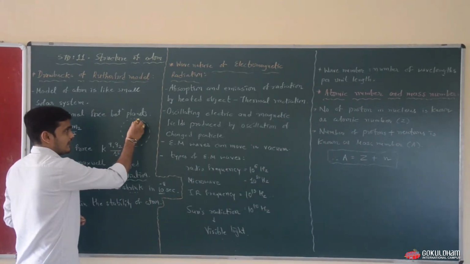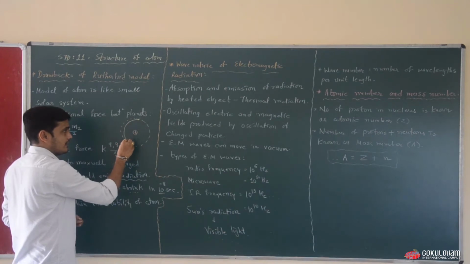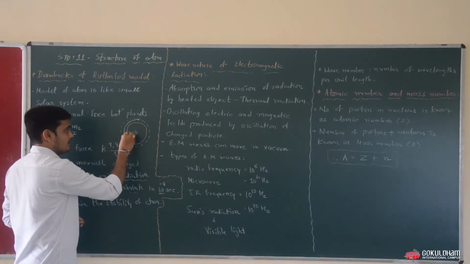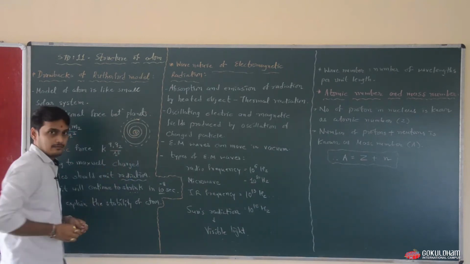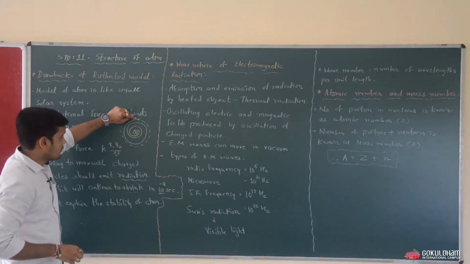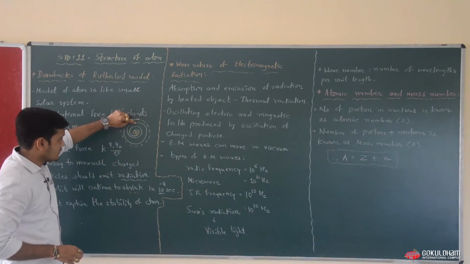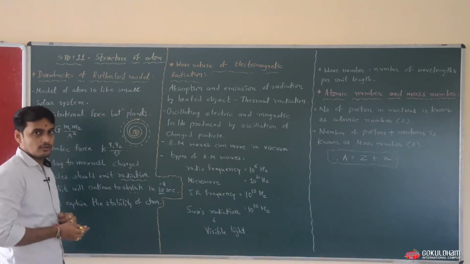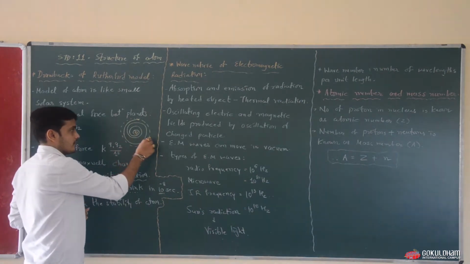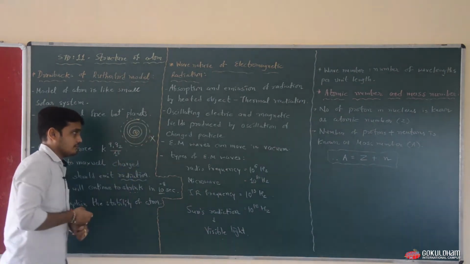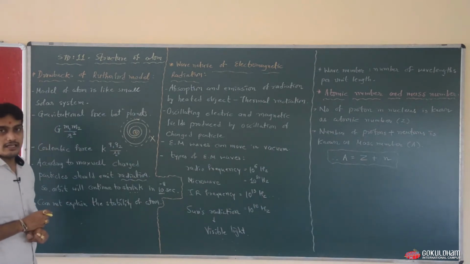So the attraction force is high, and the electron shrinks into the nucleus like this. The electron moves towards the nucleus because of the attraction force, but this case does not apply to any atom.